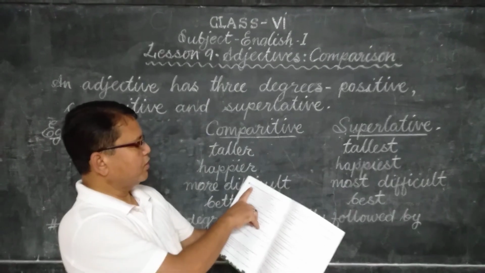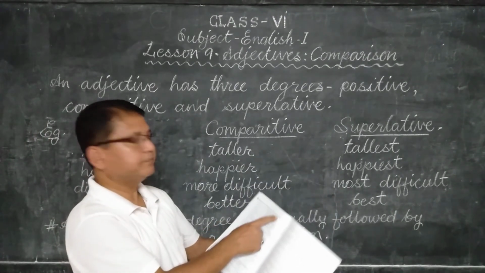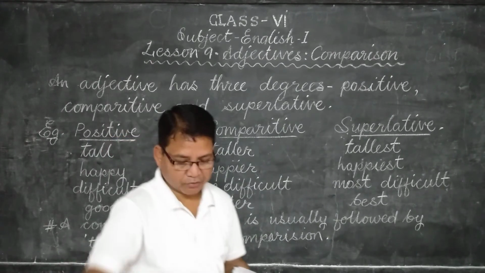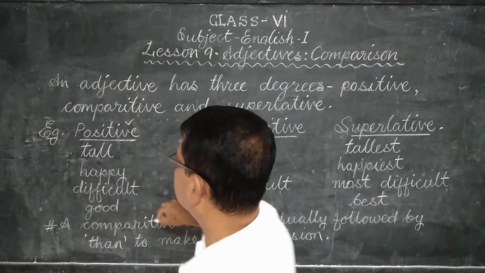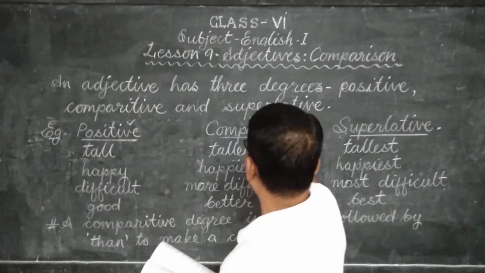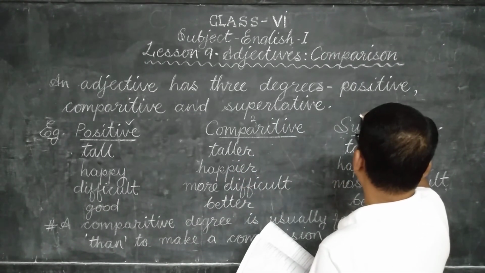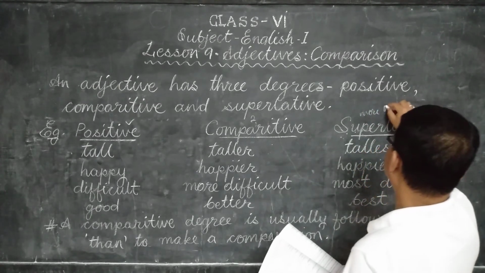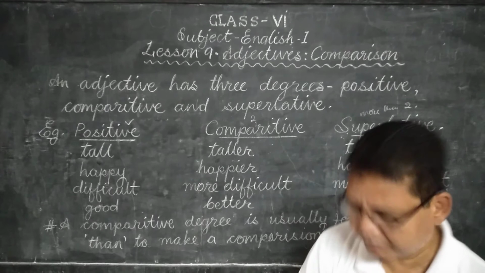Let us see. Complete the sentences with correct forms of the words in brackets. I told you, remember one important thing. This is singular. This is plural, means only 2. This means more than 2. Remember this part.